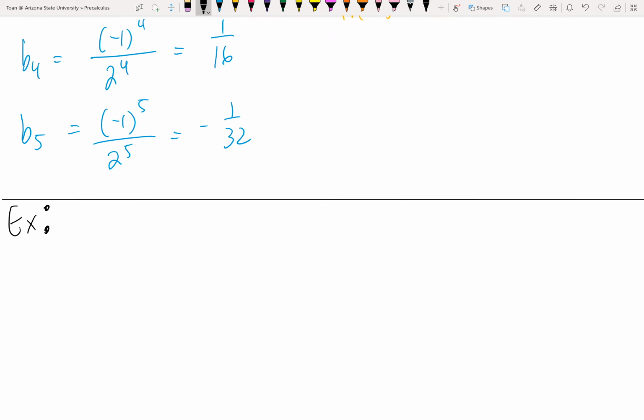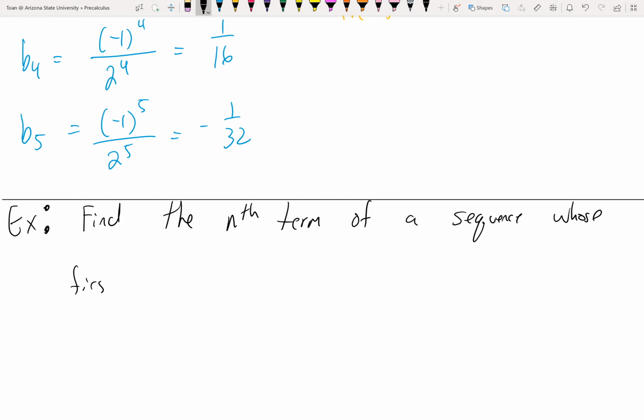So suppose they asked you to find the nth term of a sequence whose first several terms are given.